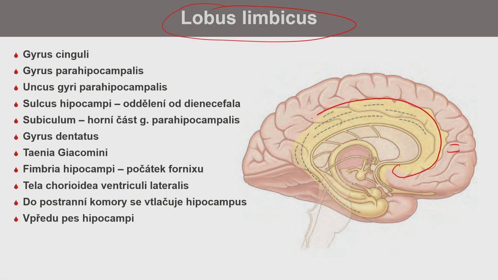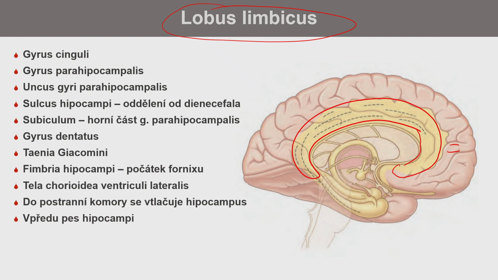extent is the part which is called gyrus cinguli. Cingulum, do you know what it is, cingulum? Who knows it? You probably know how monks look, and they have a belt.